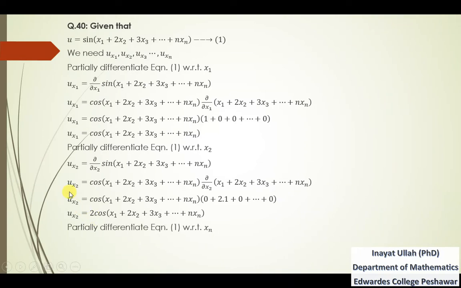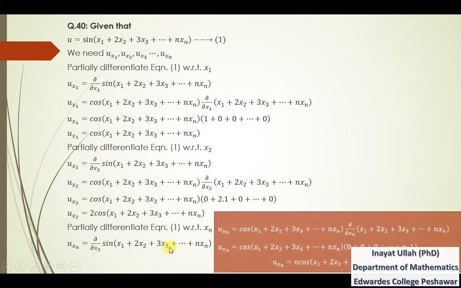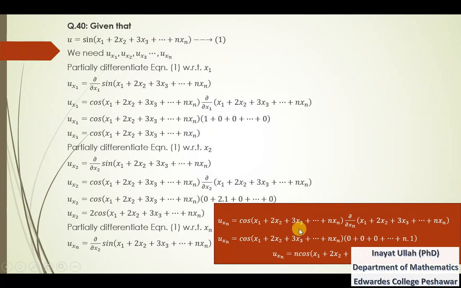So similarly and so on, partially differentiate this function with respect to xn. So uxn will be equal to del by del xn of sine u. Now the derivative of sine u is cos of this whole, and to del by del xn of this whole angle.